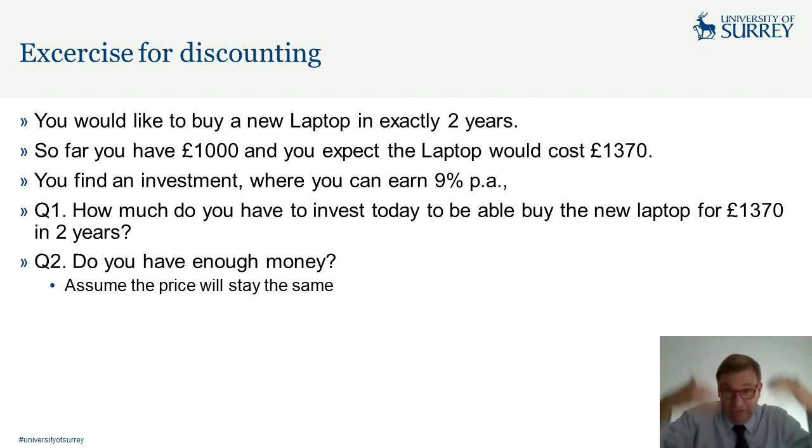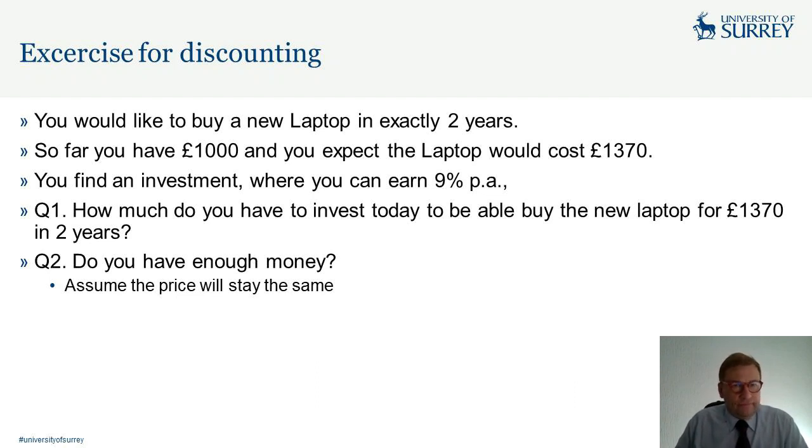So you have to discount it by this 9% per annum and bring it to now. And then find the answer, do you have enough money? So still half a minute. Still a bit of time. All right. I suppose we are running into a small delay probably.